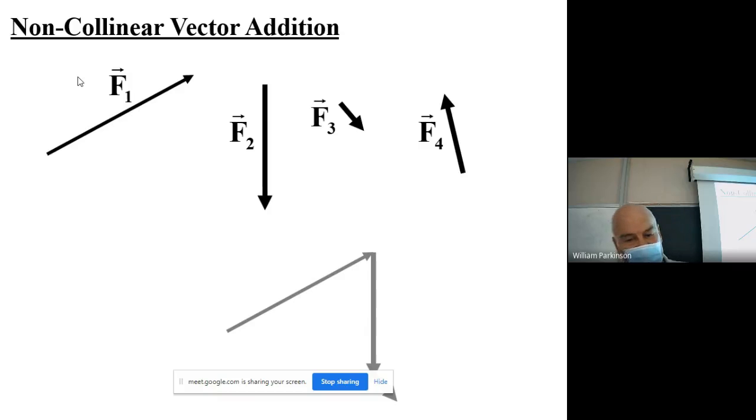Unfortunately, it's behind my button, but I put the tail of F3 onto the tip of F2. Now I'm going to put the tail of F4 onto the tip of F3. And when I do so, it comes back around like so. Now I will go to the beginning of F1 and point an arrow to the tip of F4, and this will be F net, the combination of the 4 vectors.